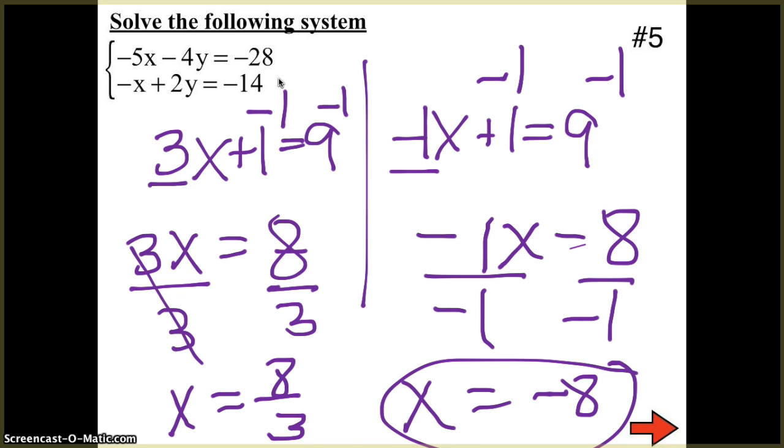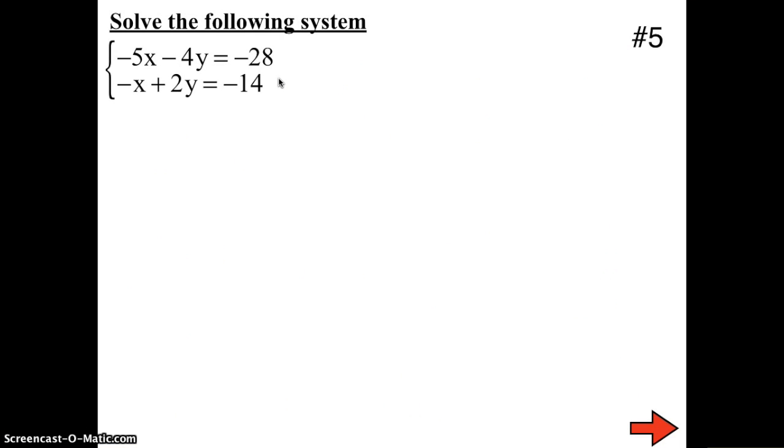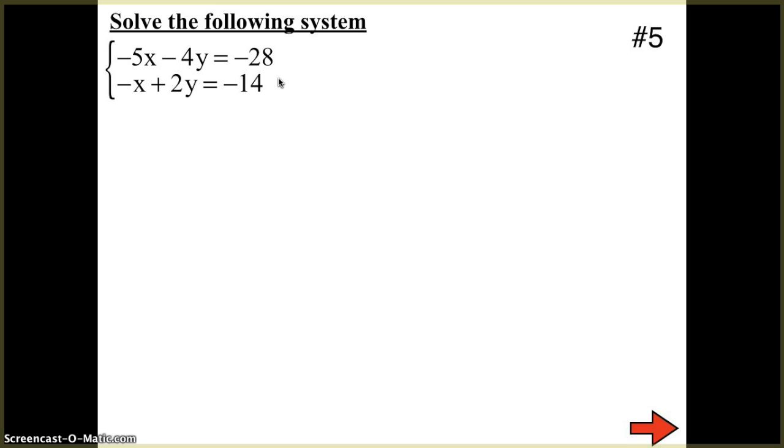So the lesson to be learned from this particular problem is to make sure that you always isolate a variable that has a coefficient of negative 1 or 1 because it will not leave you with a fraction. So I'm going to clean up the mess I just made and let's go ahead and check. In that case, which variable should I isolate?